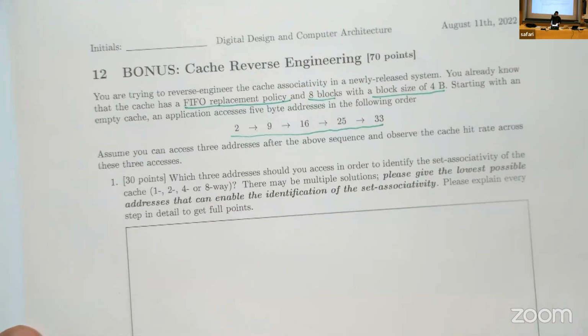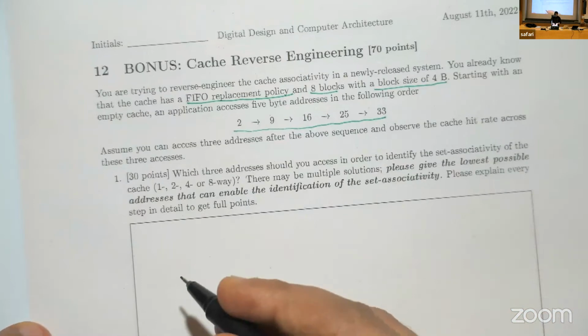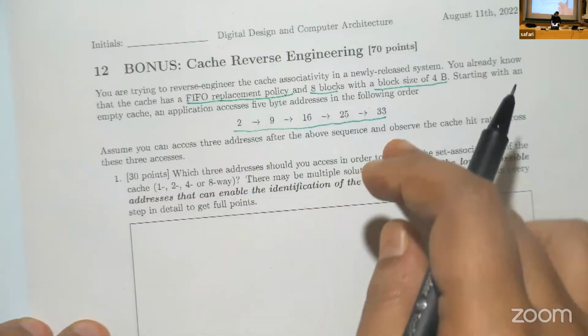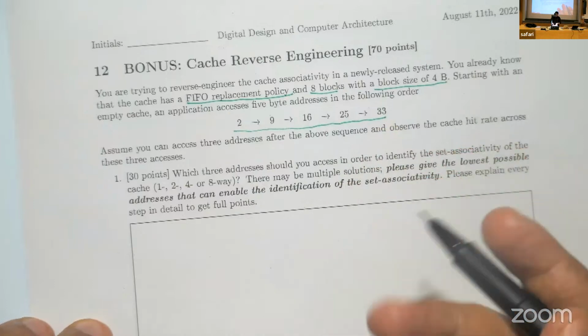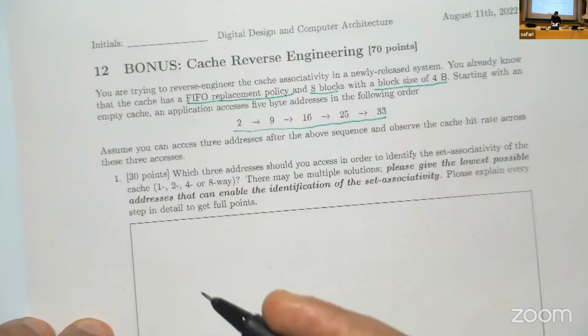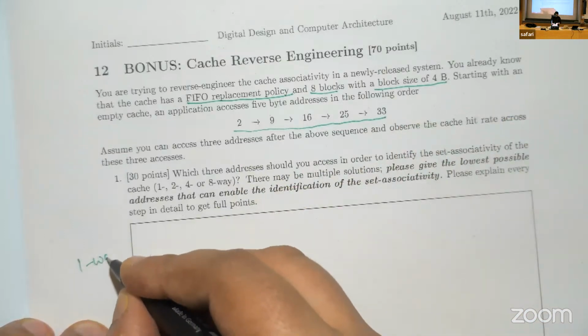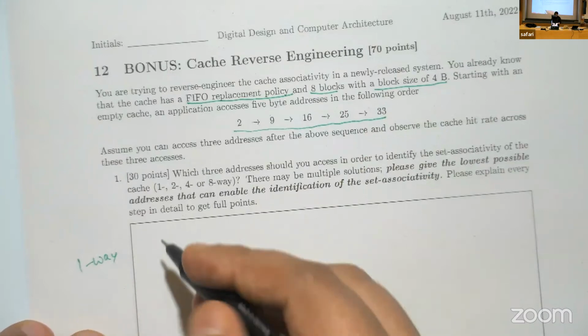The way we should solve this question is to look at the state of the cache after these initial 5 accesses. And for that, I will write the associativity. I will initially write 1-way.